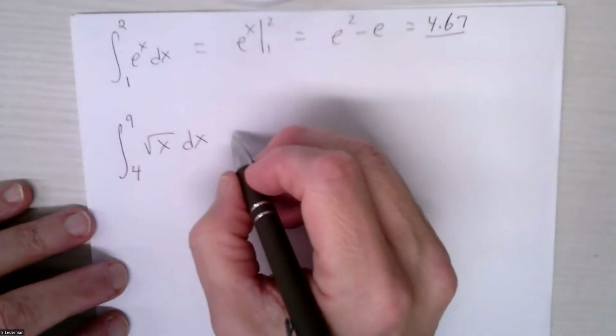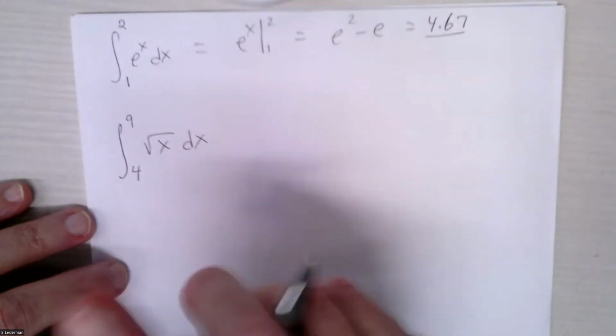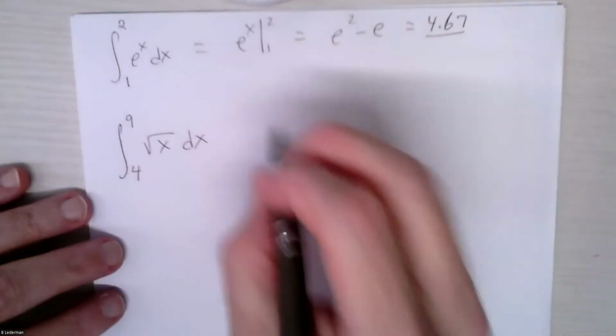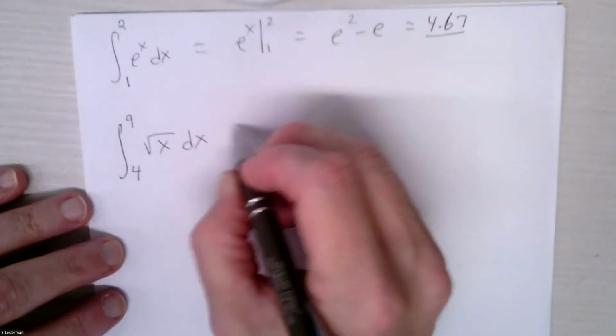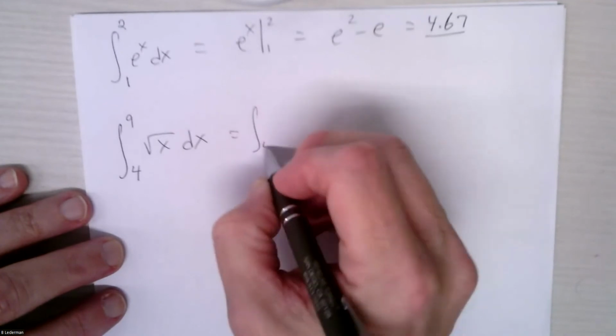Okay, so first we want to find the antiderivative, not the derivative, but the antiderivative. Now let's rewrite this in exponent form.